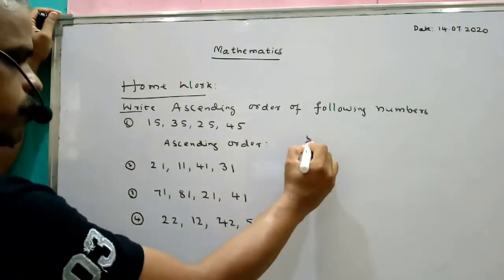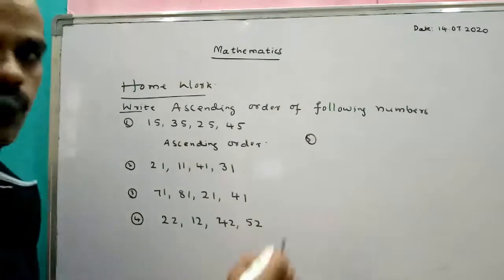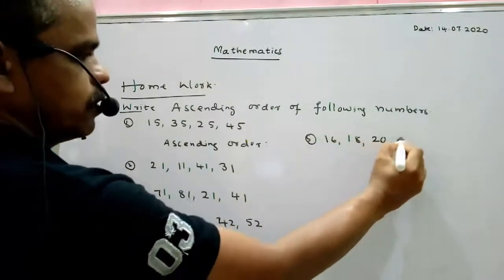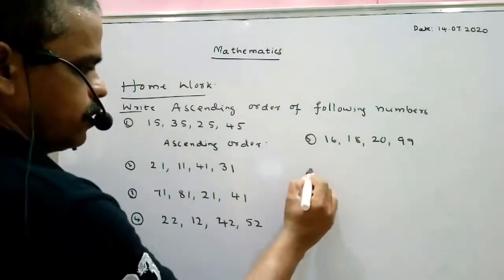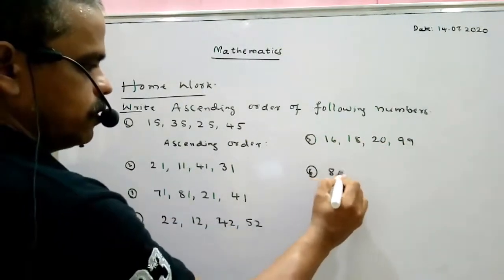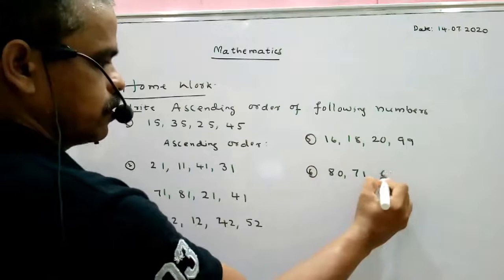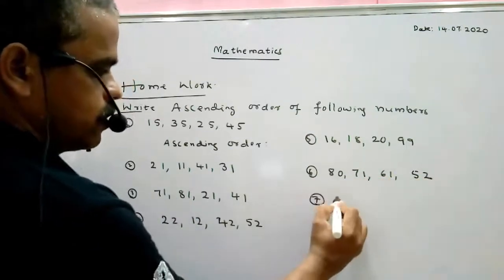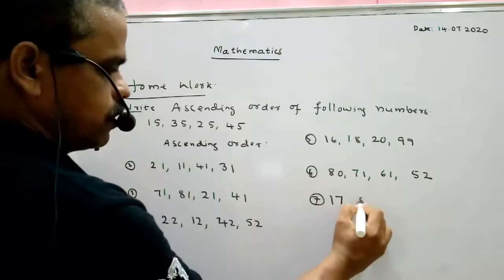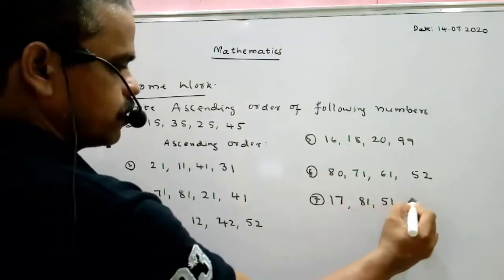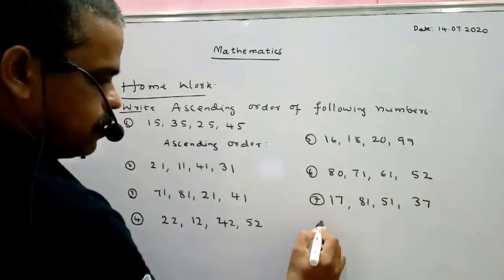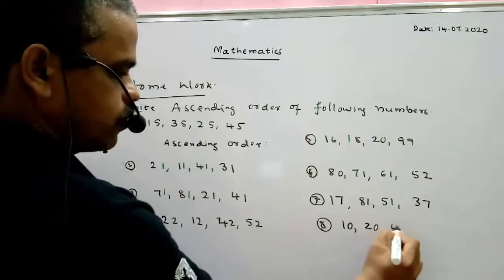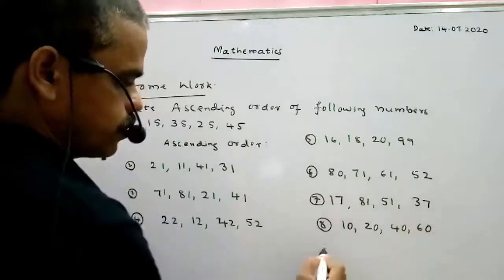Next 5, 16, 18, 20, 99. Next sixth one, 80, 71, 61, 52. 7, 70, 81, 51, 37. 8, 10, 20, 40, 60.